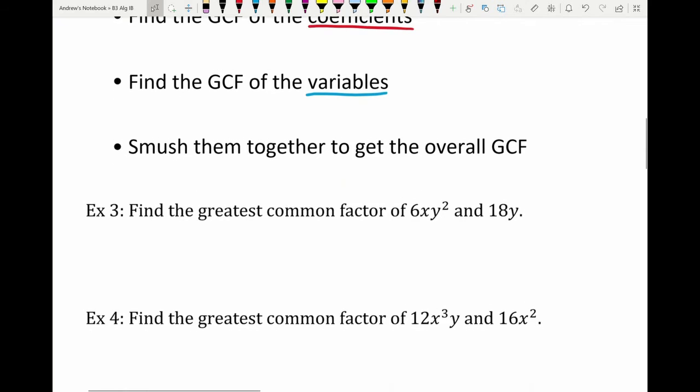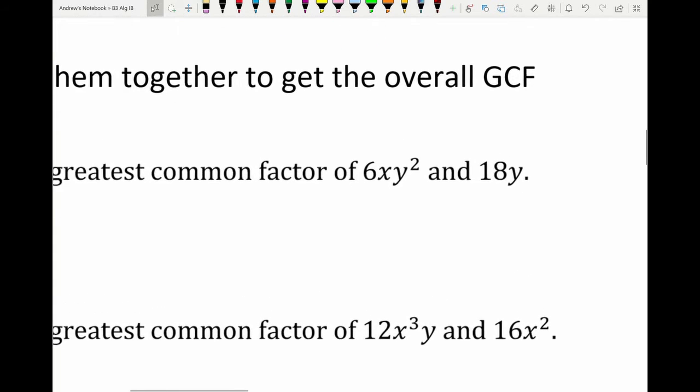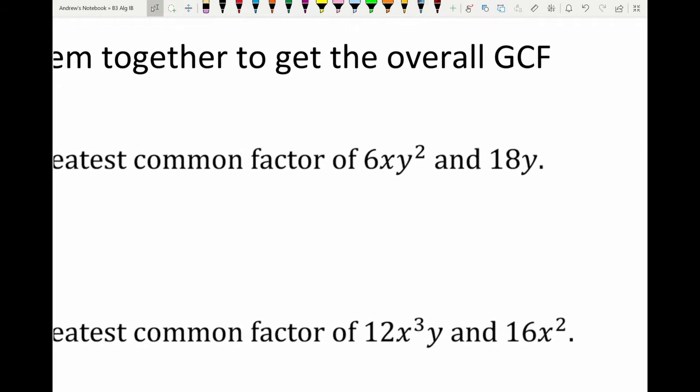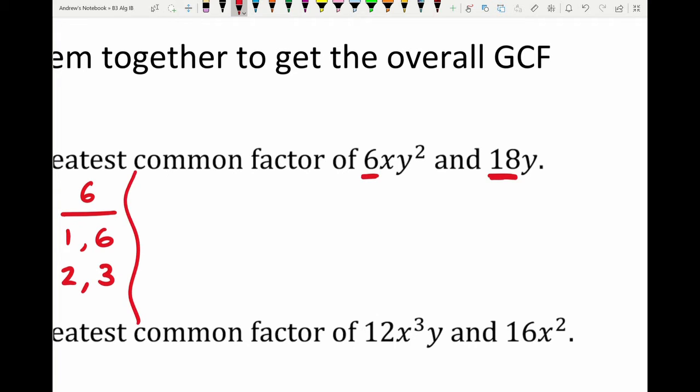So let's practice a little bit, right? So we want to find the greatest common factor of these two things. All right, 6xy squared and 18y. So for the 6 and the 18, what I can do is list out the factors of each one. So 6 we did just a second ago, so 1 and 6, or 2 times 3. To find the factors of 18, I'm thinking 1 times 18 would work.